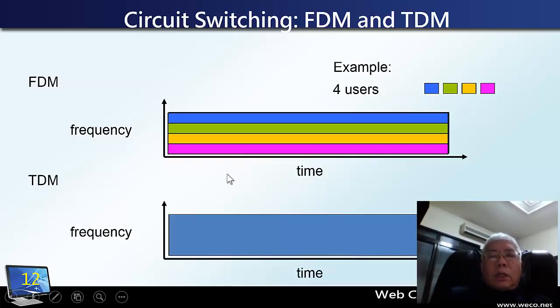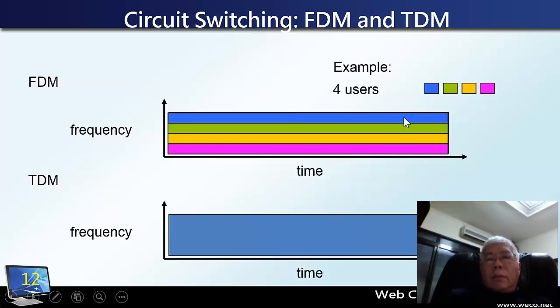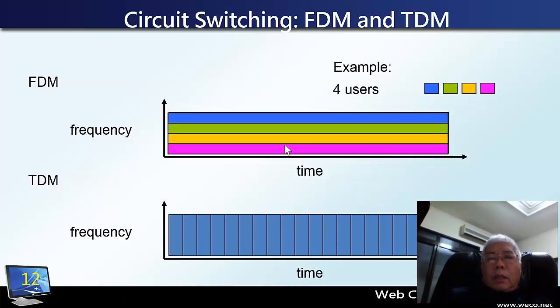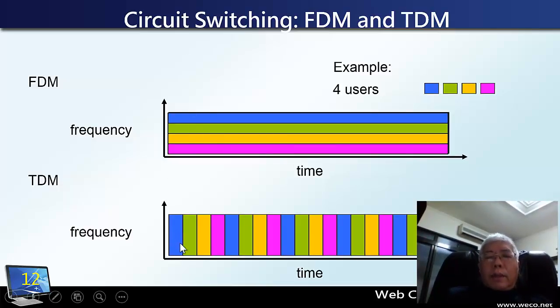Also, we can do this in the time domain. Then we have time division multiplexing. Here the x-axis stands for time, and just now we had frequency division, where each user can transmit all the time in 4 different frequencies. The other way is time division. You can use the whole larger frequency band.